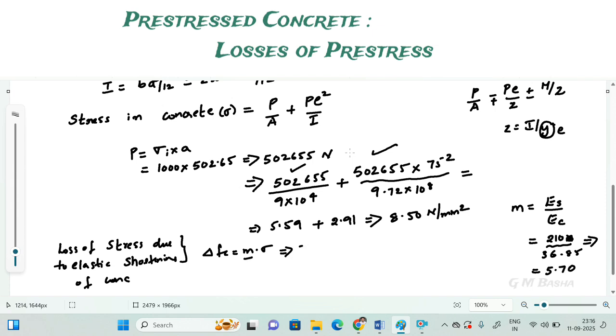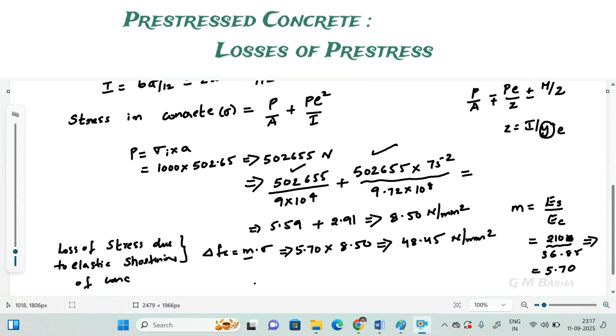So please substitute in place of m value 5.70, and this stress in concrete will be equal to how much? 8.50. So if you simplify, around you will get 48.45 Newton per mm square.